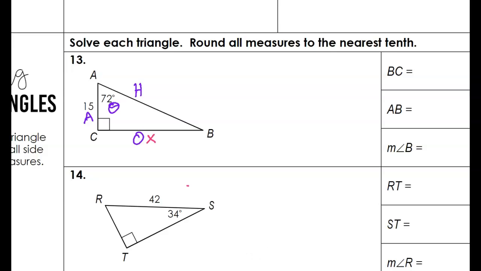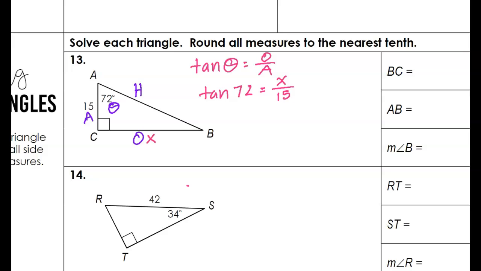So here on this problem, because I have 15 as my A and I'm solving for the O side, O and A makes this a tangent problem. So tan of theta, TOA, O over A. And I fill in my values. 72 is theta, O is what I'm solving for, and A is 15.